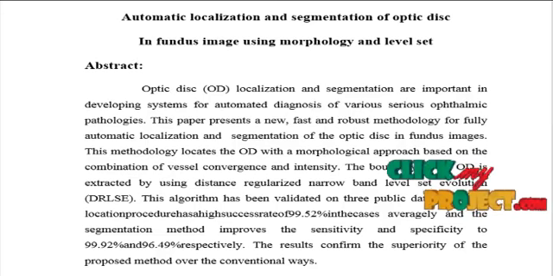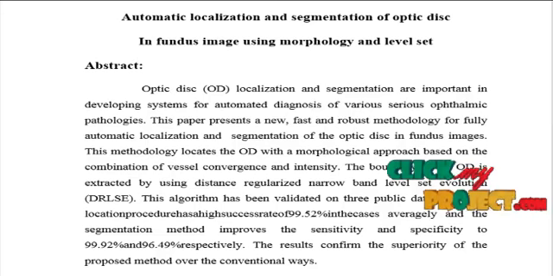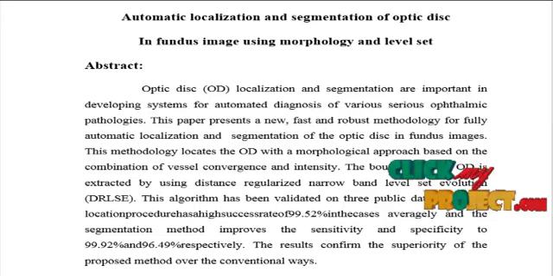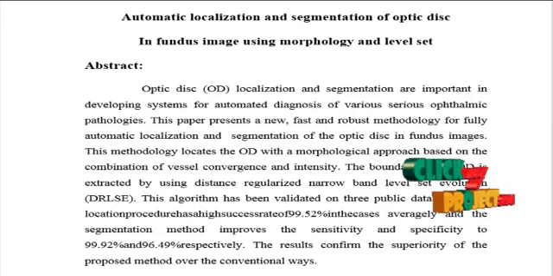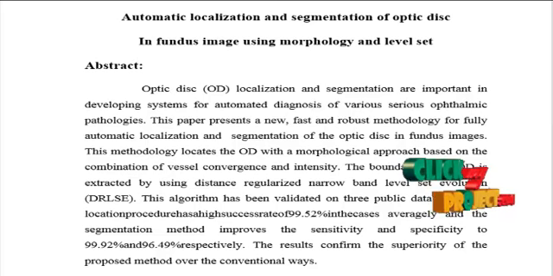Optical disc localization and segmentation are important in developing systems for automated diagnosis of various serious pathologies. This process presents a robust methodology for automatic localization and segmentation of the optical disc in fundus images.